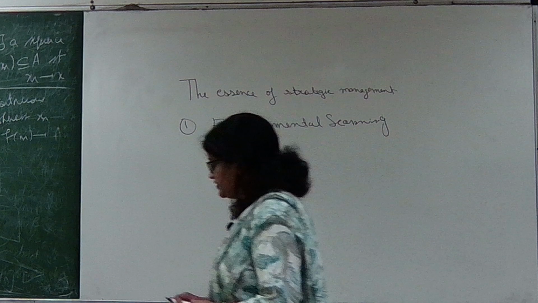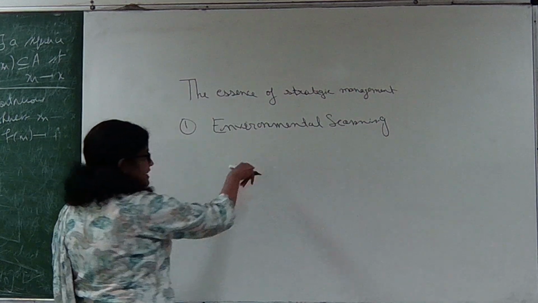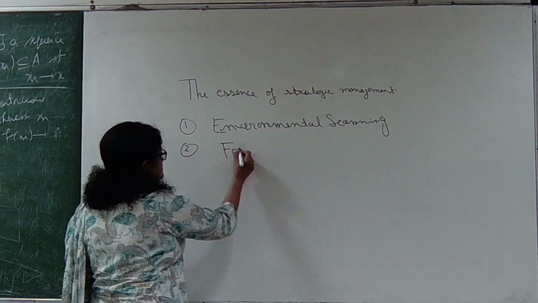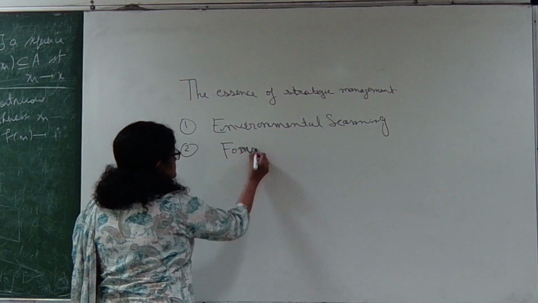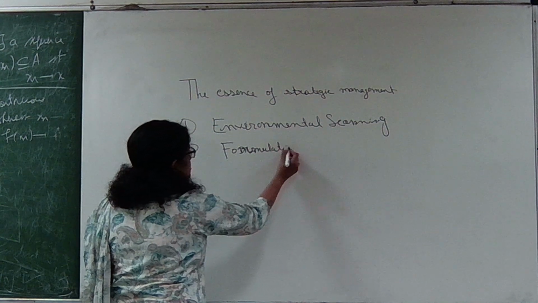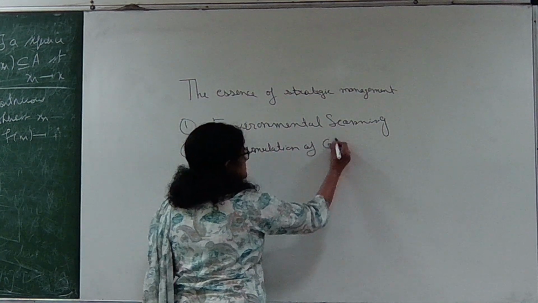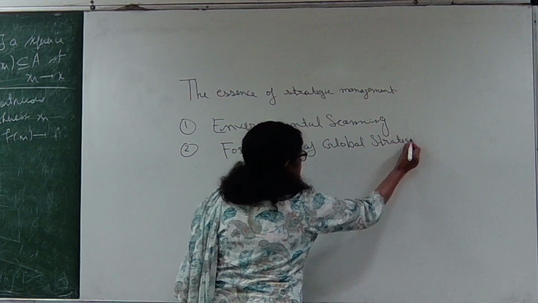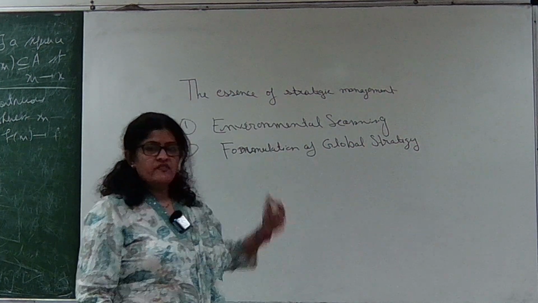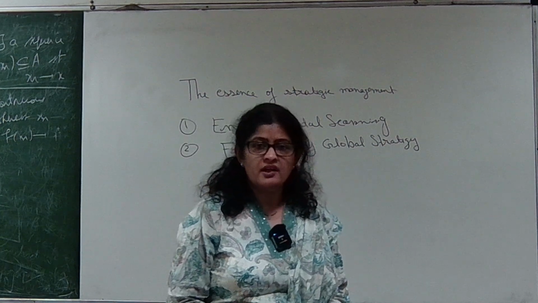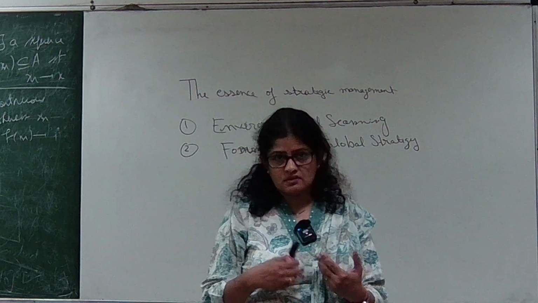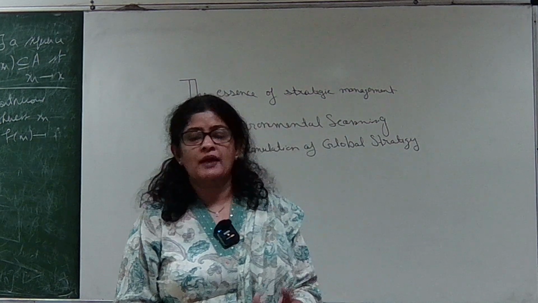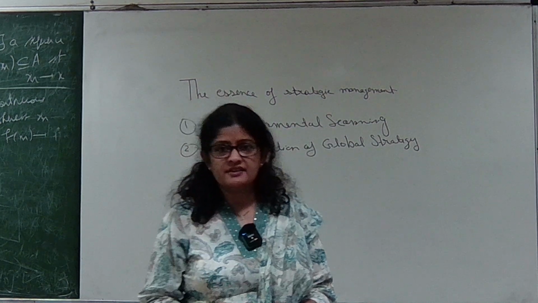The second point we discussed: once you have analyzed the environment, the second point is formulation of global strategy. You have analyzed the international and national environment. The second step is how you operate your business, what is the scope of your business, what kind of planning you have, the kind of market research you have done.